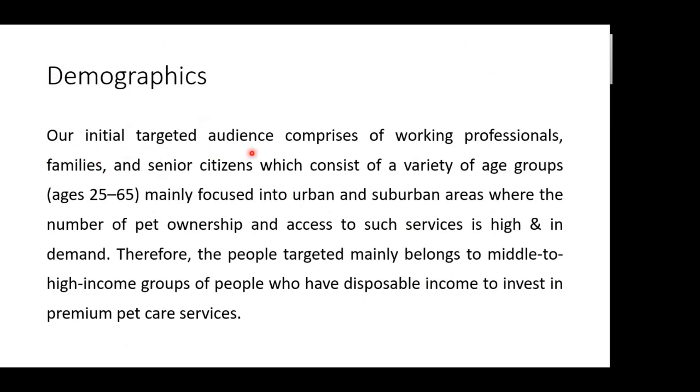Our initial targeted audience comprises of working professionals, families, and senior citizens, which consist of a variety of age, ranging from 25 to 65, mainly focused into urban and suburban areas with number of pet ownership and access to such services. Right? Likewise, demographically, who are the customers that you are targeting? And there's another explanation as well here in the same example.